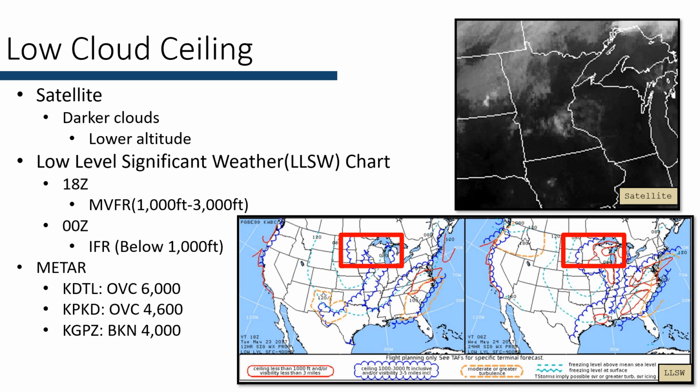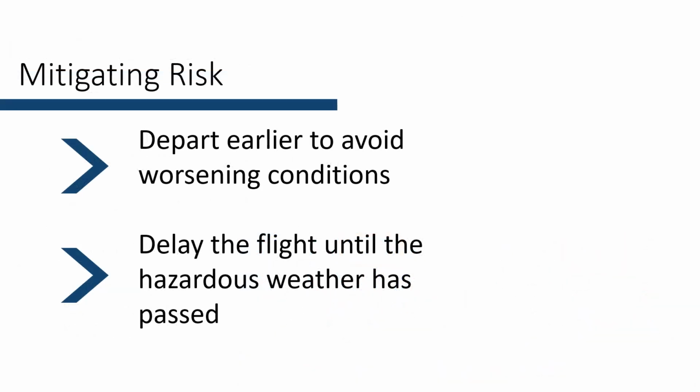The chart also shows IFR conditions at 06 Zulu, with a cloud ceiling below 1,000 feet. Finally, the METARs at our time of pre-flight show the ceiling lower from 6,000 feet to 4,000 feet as you approach the destination airport. With weather conditions worsening and cloud ceilings decreasing, it may be prudent to take steps to mitigate the risks associated with this flight.